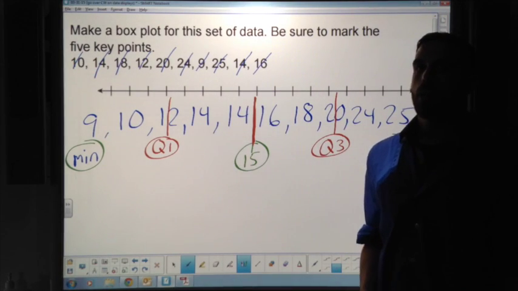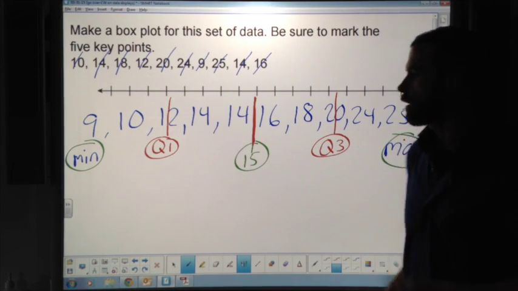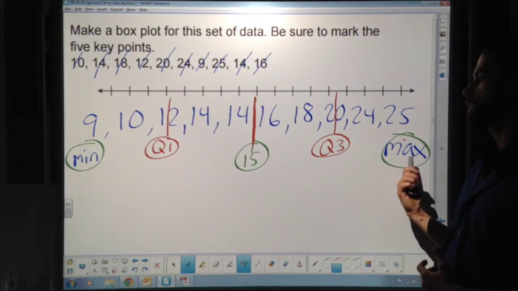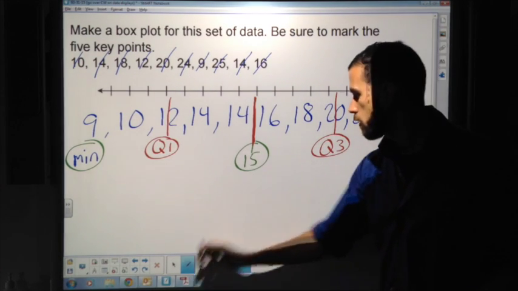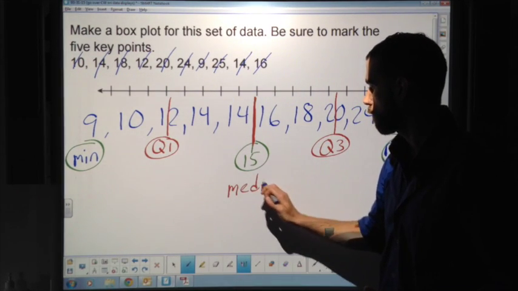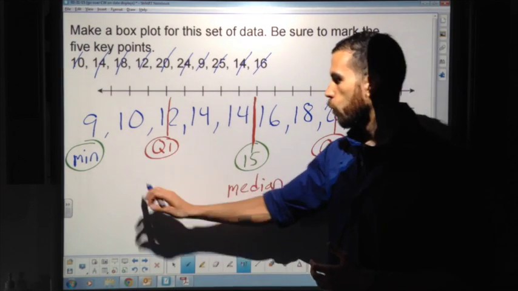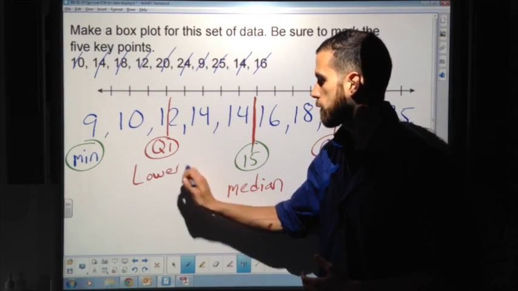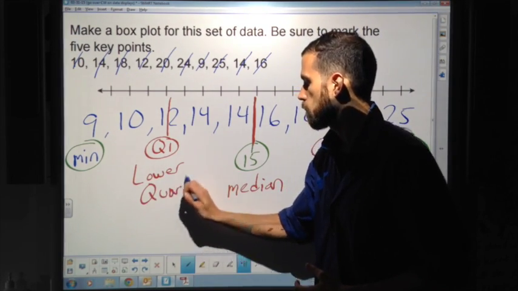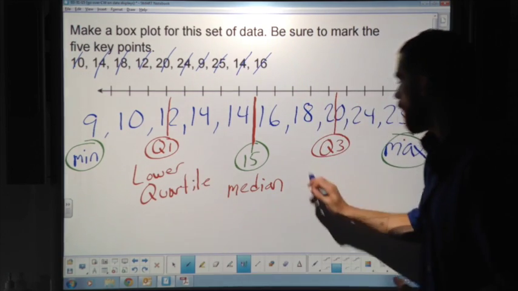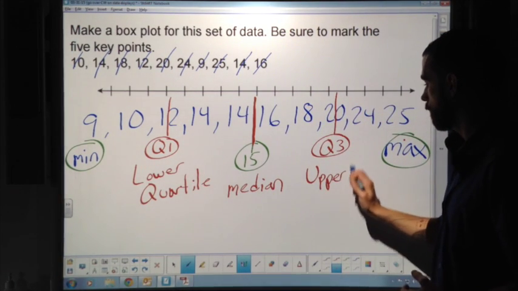So what we have now are the 5 key points that we needed. The minimum, the maximum, the median, the lower quartile, and the upper quartile.